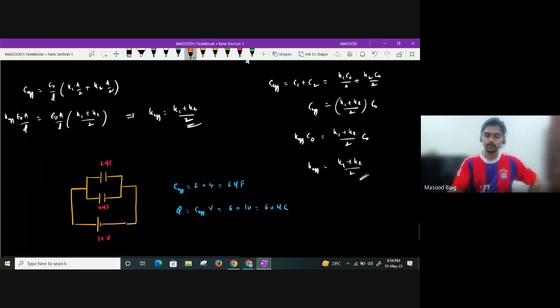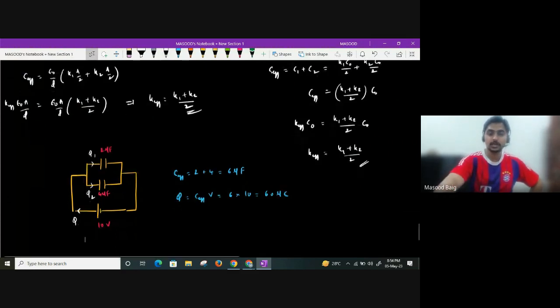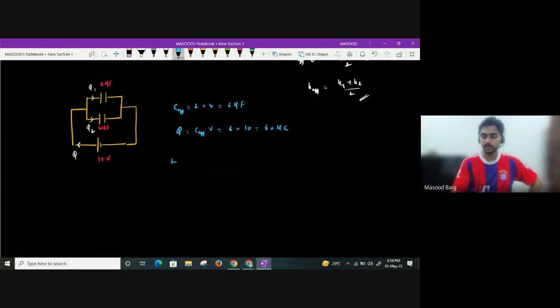So what is battery doing here? Battery is giving the entire charge now. Now this charge will get divided Q1 and Q2. So what is the work done by battery? Whenever they are asking you to find out the work done by the battery, always remember, guys, it is charge given by the battery into potential difference.